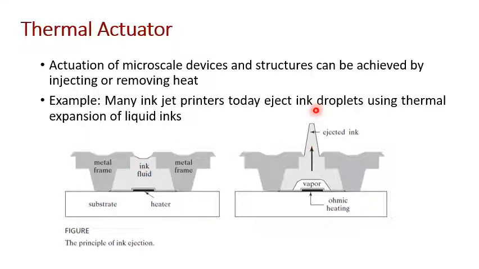So upon cooling, the vapor bubble is going to collapse and the cavity will be refilled again for the next firing. So because we are using a microfabrication method, the volume of ink and the thermal mass associated with the ink is very small. And for commercial ink cartridges, it will take only 1 microsecond or less for this vapor bubble to get initiated, and approximately 15 microseconds for the ink to be ejected.